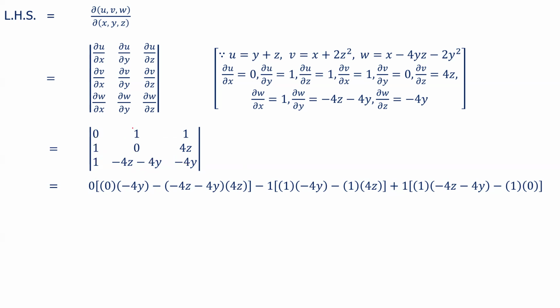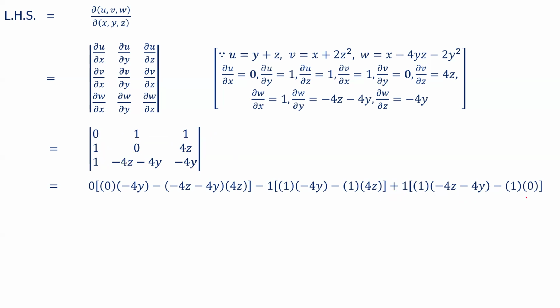Second part, minus 1; leave this column and this row. So 1 into minus 4y minus 1 into 4z. Now the third one, this is plus 1. Leave this row and this column: 1 into (minus 4z minus 4y) minus 1 into 0, which is 0.